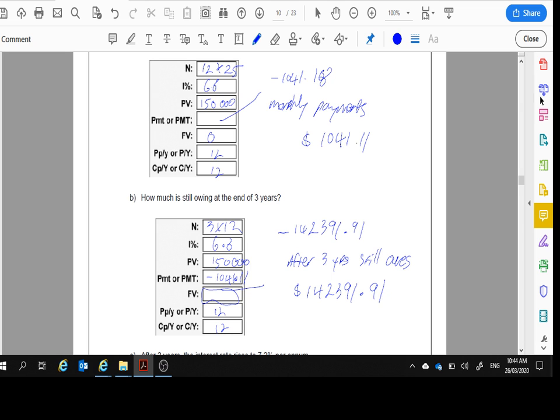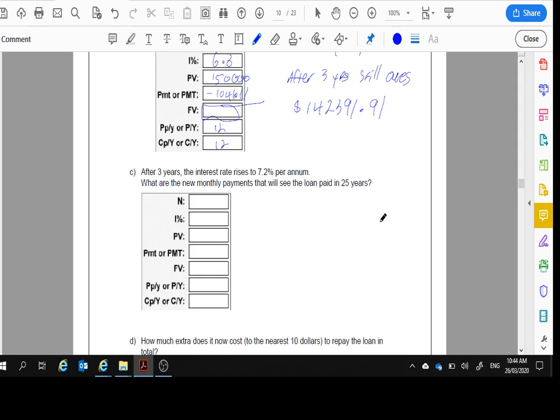Part C. After 3 years, the interest rate changes. The interest rate is now 7.2. The present value we know he still owes: 142,391.91. It's still monthly. What are the new monthly payments, so that he can still pay it off in 25 years? He's already used 3 years up, so 25 minus 3 is 22, and this is 22 times 12. Future value has to be 0 because he wants to pay it off.